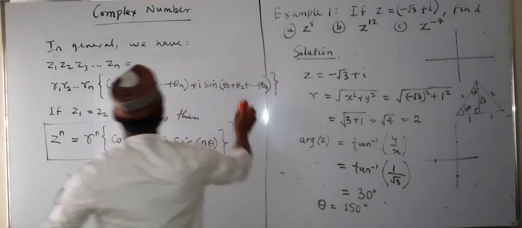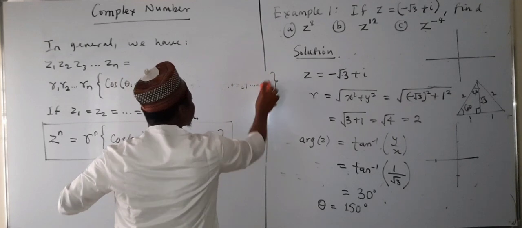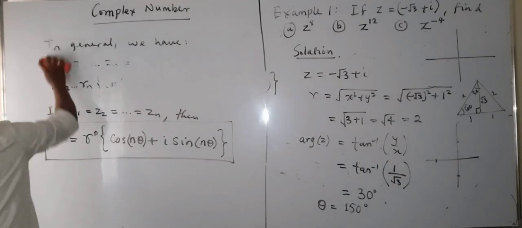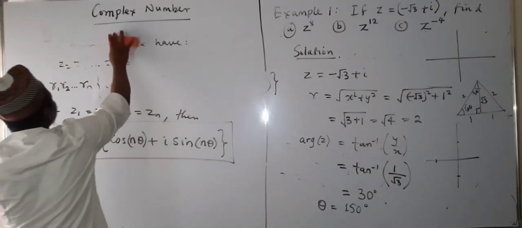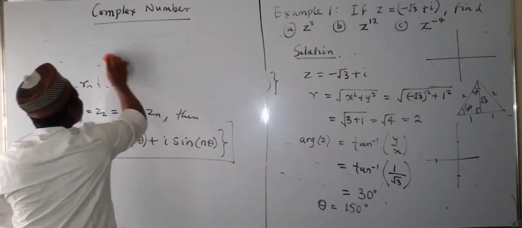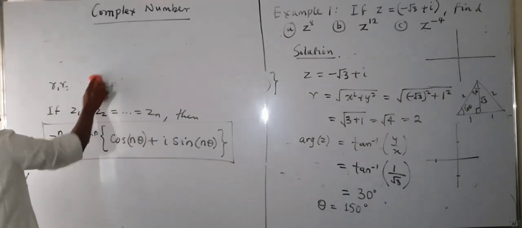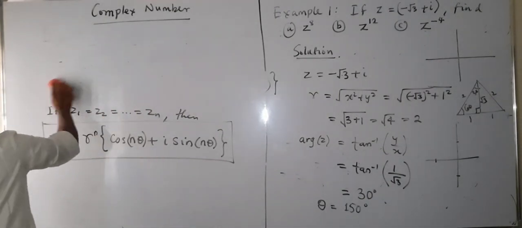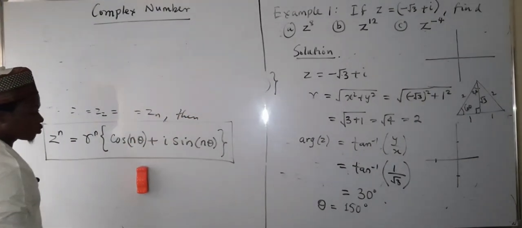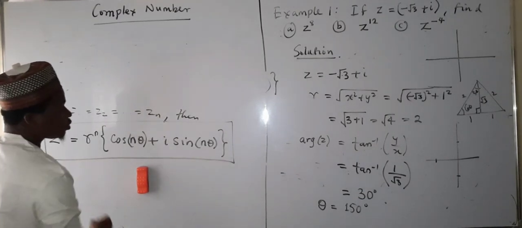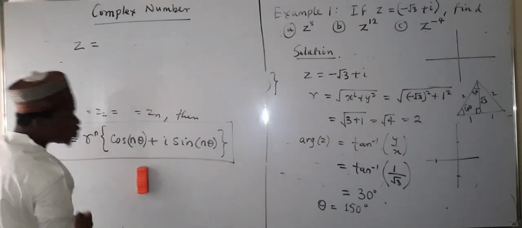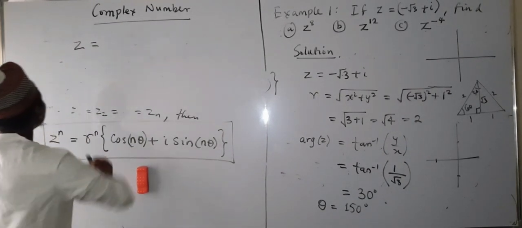So we then can say we now have our z in polar form to be what? z is equal to, what's our r? 2.